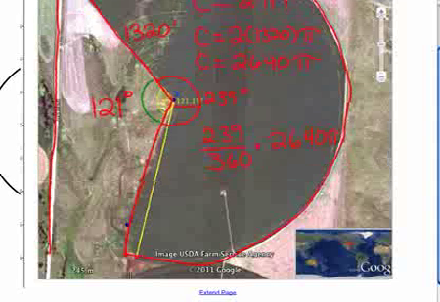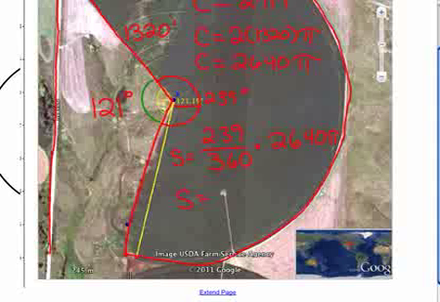So the arc length, and I'm going to call it S for arc length, in this case is 239 divided by 360 times the 2640 times pi. I'm going to use the pi key in my calculator, but you can use 3.14. It's just going to be an approximation anyway.